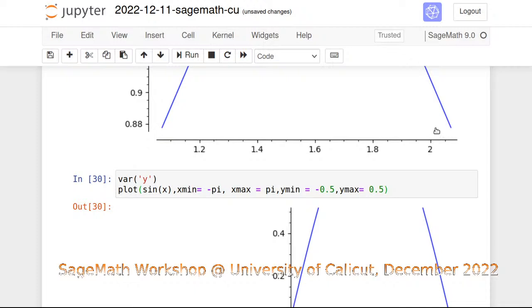Just 1 second. Just starting a Google sheet, Google document.